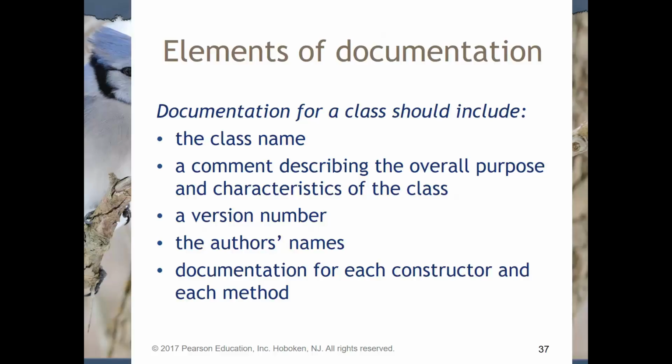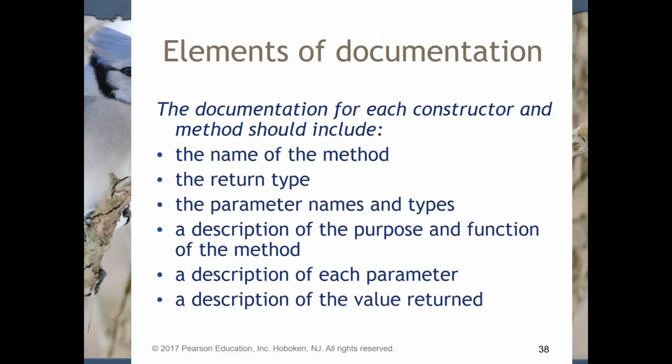Elements of documentation. Documentation for a class should include the class name, comment describing the purpose, version number, authors, and so forth. This is all standard, and this is all in JavaDoc, and there's ways to do that. Documentation for each constructor and method includes a bunch of information.